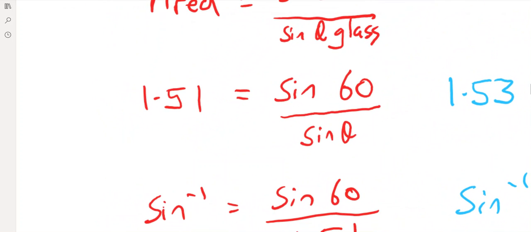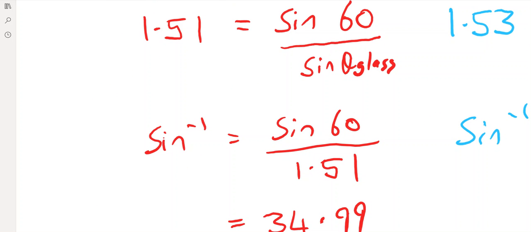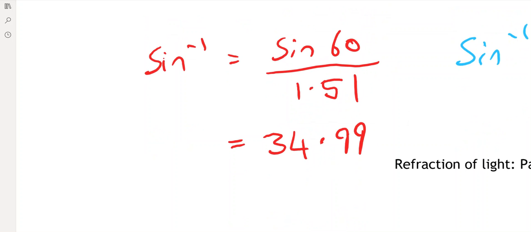So 1.51 is equal to sine 60 over the sine of the angle when it is in the glass. When we rearrange that, we have sine of the angle in glass is equal to sine 60 over 1.51. The inverse sine of that gives us 34.99 degrees.